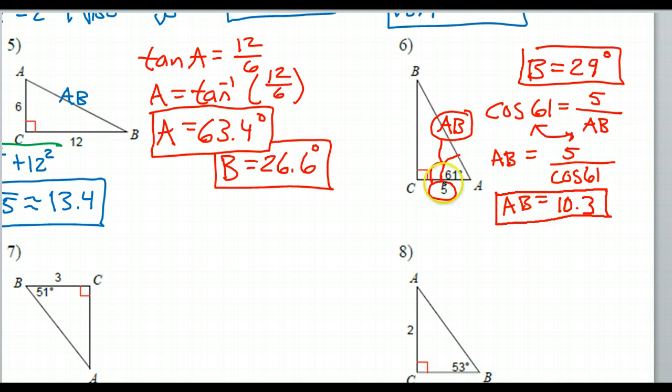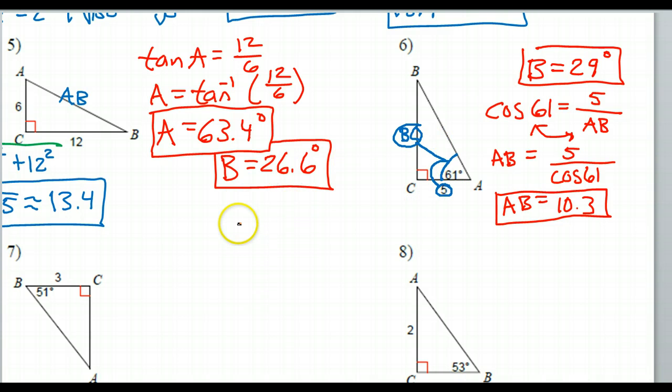So that's AB. So we still need to find BC. Okay, well here's BC right here. So looking at the 61 and looking at the 5 and the BC, what I have here is opposite and adjacent. Opposite over adjacent is a tangent function.